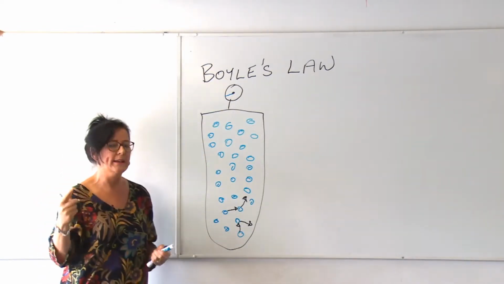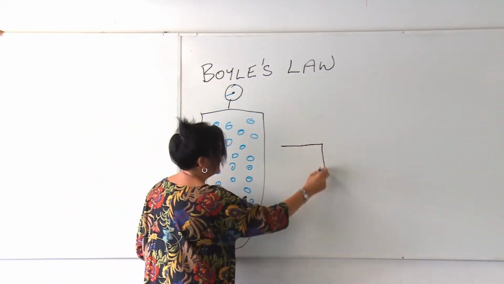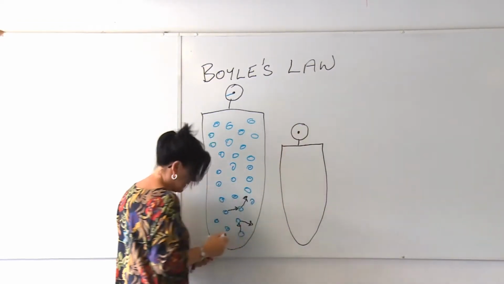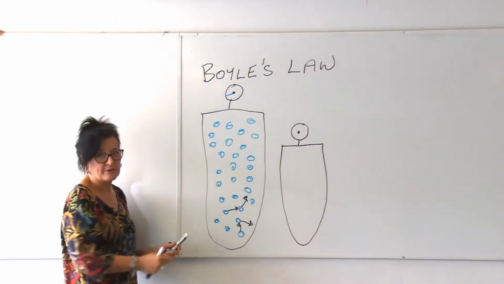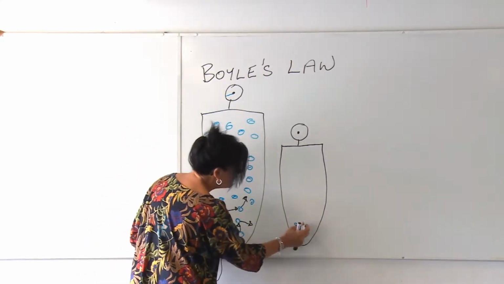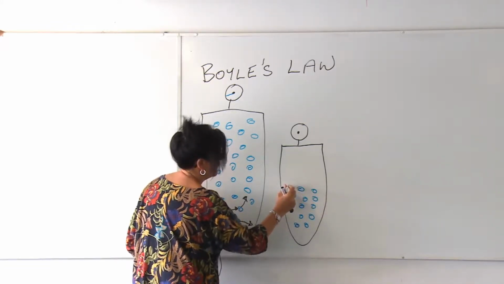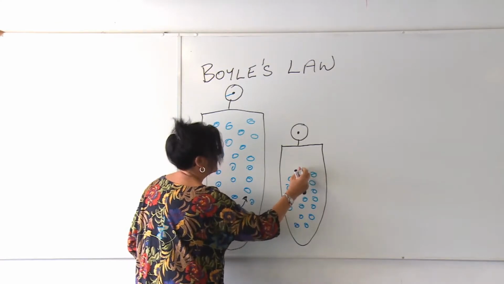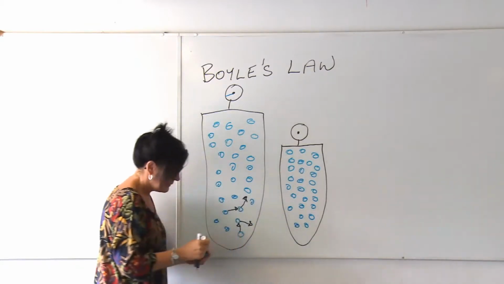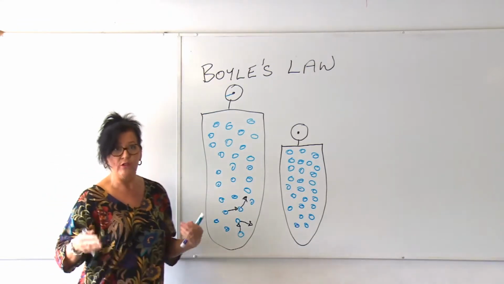Okay, if I take the same amount of gas and I put it in a smaller container, there's my smaller container. Now, I don't know how many molecules of gas I've got in there, so I'm going to approximate. I didn't count them. If I put the same amount of gas into this container, lots and lots, you can see what's going to happen in terms of them bumbling around off each other.